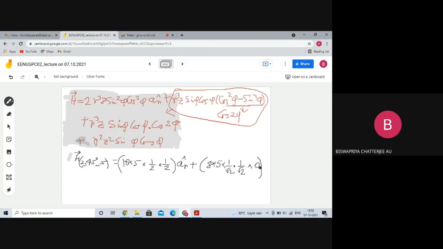So due to this cos 2 phi term, the A phi term totally cancels out. It's vanished.